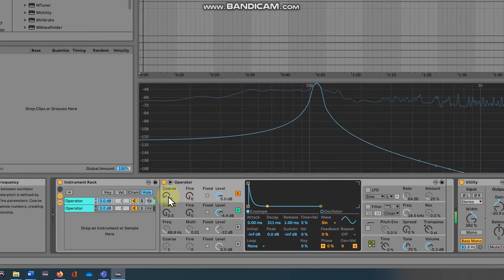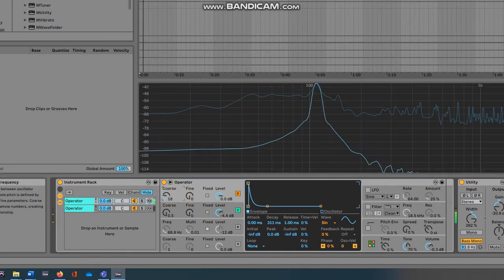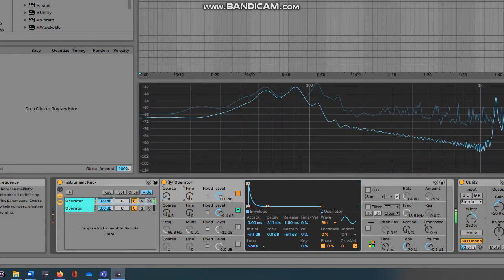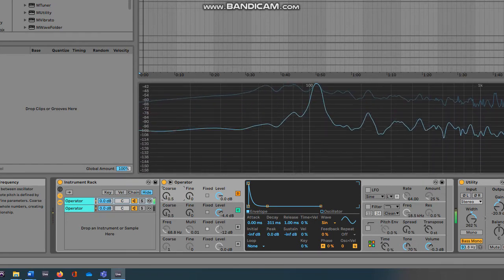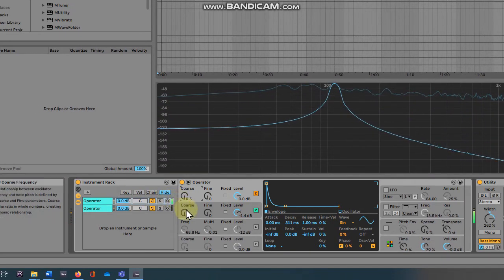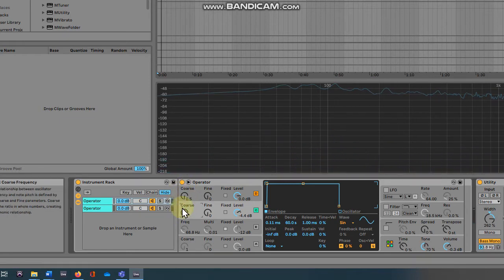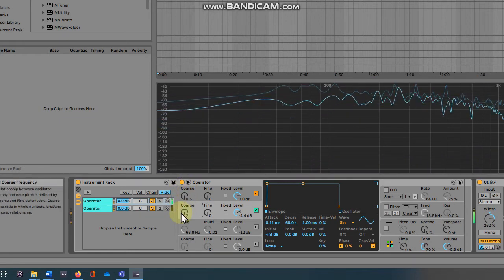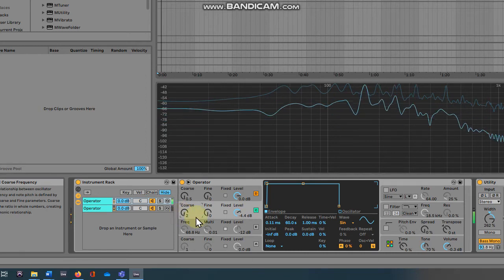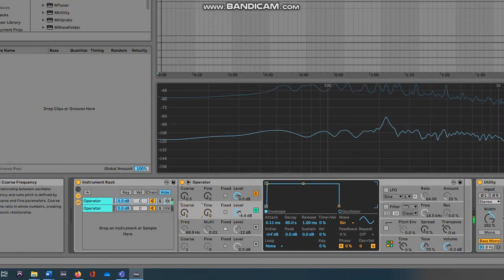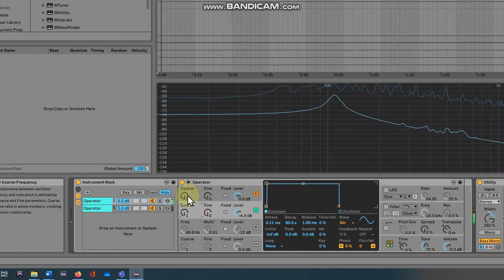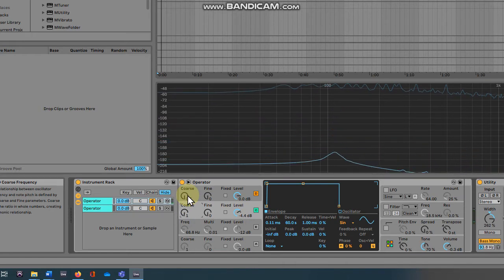So as you can hear, you can get kind of harmonic sort of clangy sound. And you can go back down and go below the carrier's frequency. That's 4 times now, which is handy for kind of bass sounds.